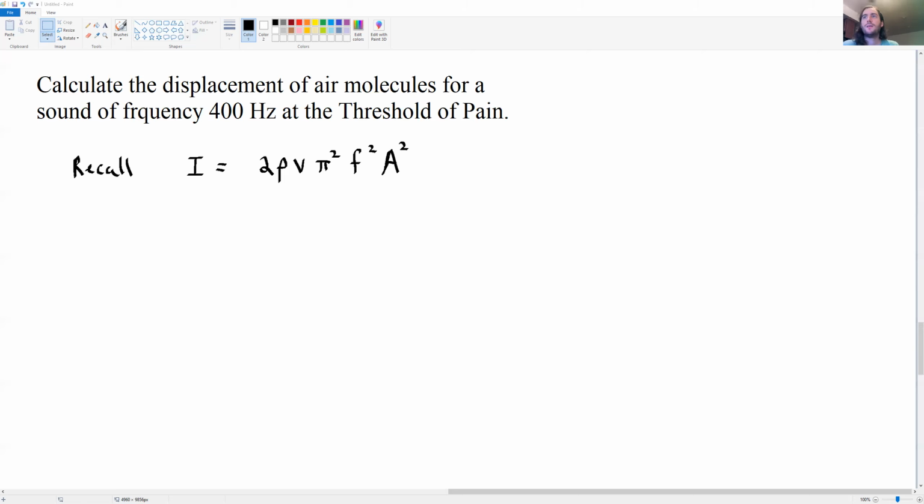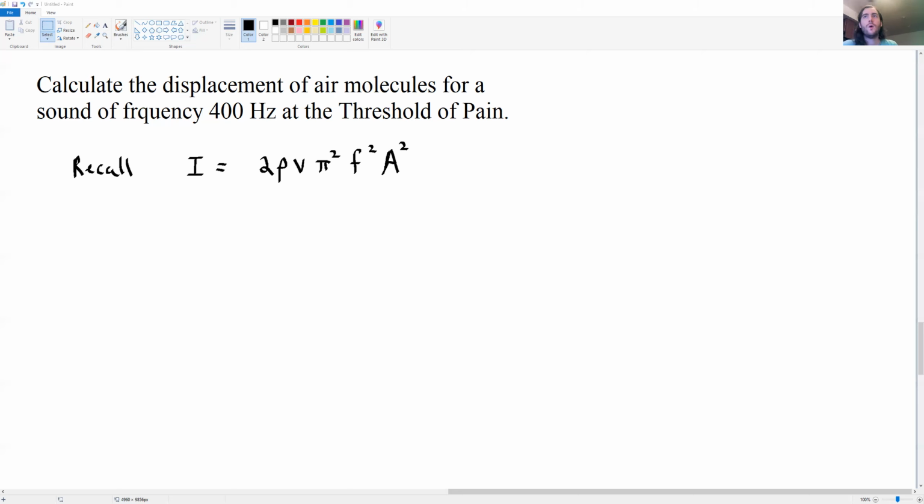If the amplitude of that vibration is large, then the amplitude of vibration of your eardrum is going to be large compared to its size, and that's what causes you to experience pain, right? If your eardrum is being ripped apart by these vibrating air molecules, that's going to hurt. So that's the idea behind this question.